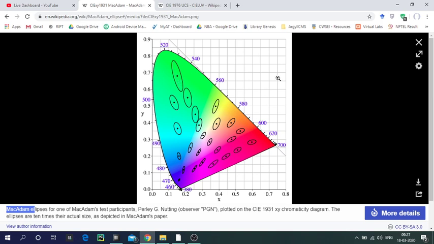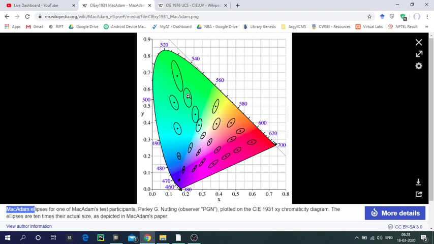I am repeating myself again, that firstly two things have to be seen over here. One is that these ellipses, mathematically or numerically, are different from each other. There are so many colors enclosed within this particular ellipse or this ellipse, so their color value, that is their chromaticity coordinate value, is different.